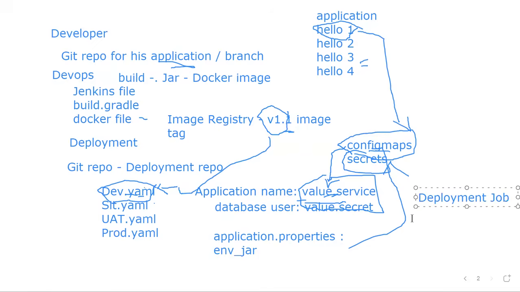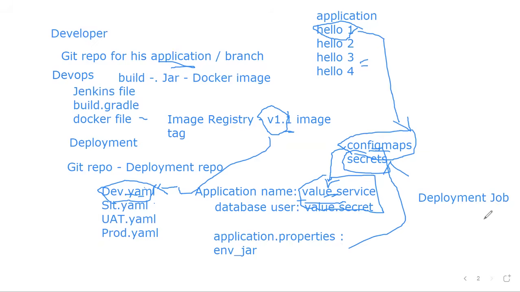In the deployment job, I'm creating a job name, which is nothing but the application itself. Everywhere we have to keep the application name for uniqueness.